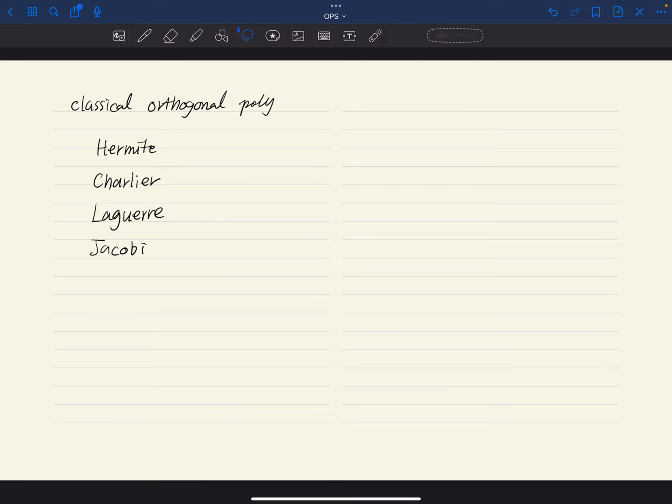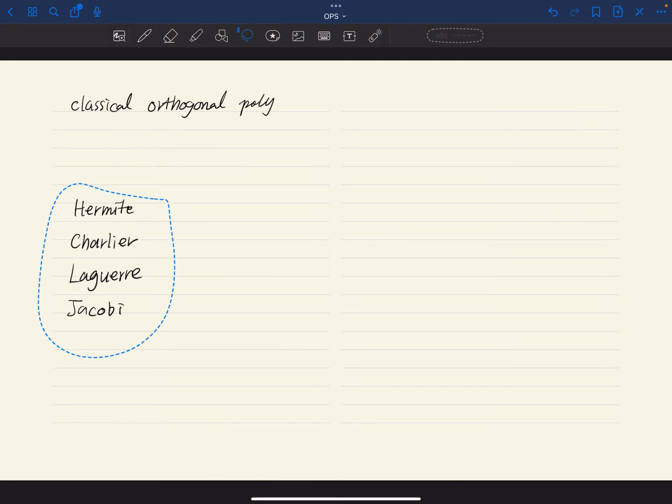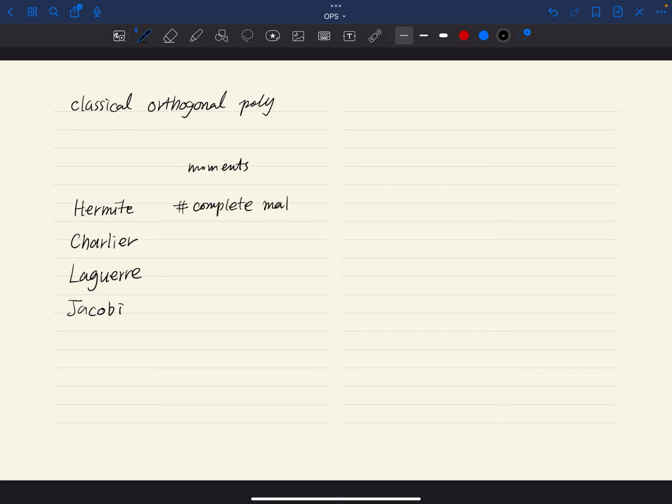And the nice thing is they all have moments that count things. So here we know it's the number of complete matchings. Moment mu n, let's say.